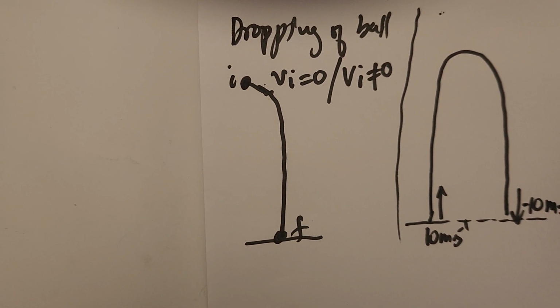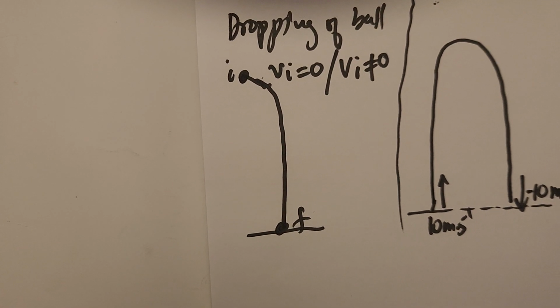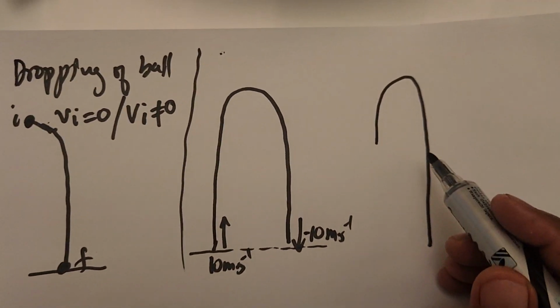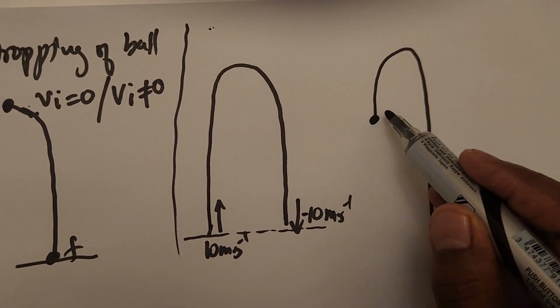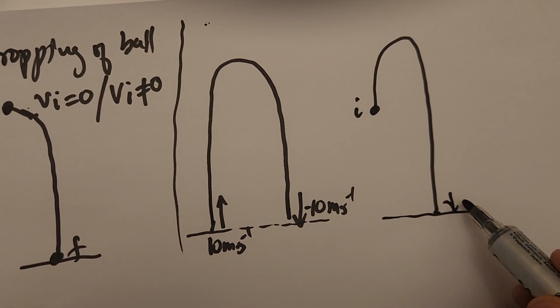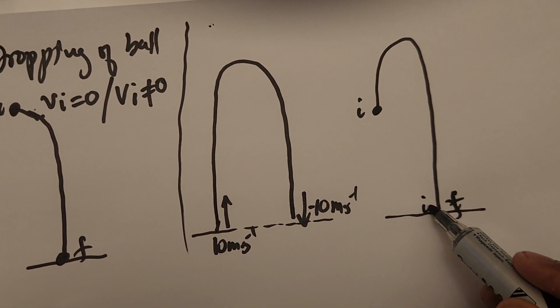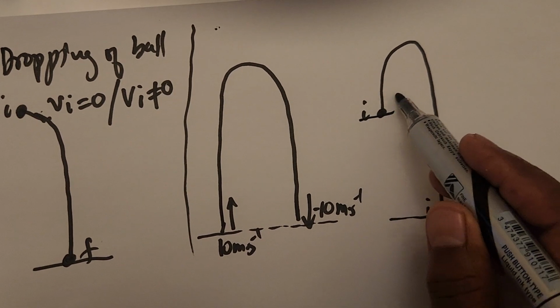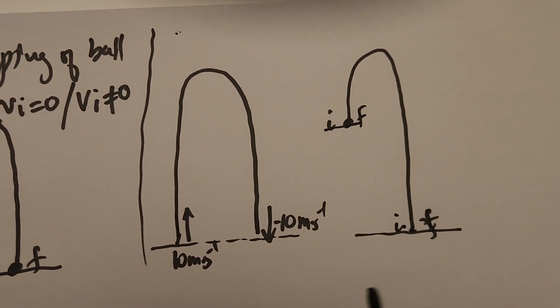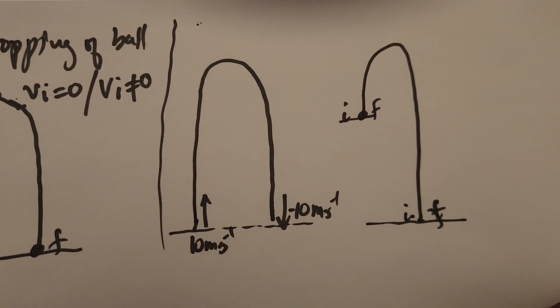The third scenario is where the ball is projected from two different levels. It's projected from here as initial and reaches the ground here as the final, or the ball is projected here and also reaches the final here. So as long as the initial and final are not at the same level, that is the third scenario.